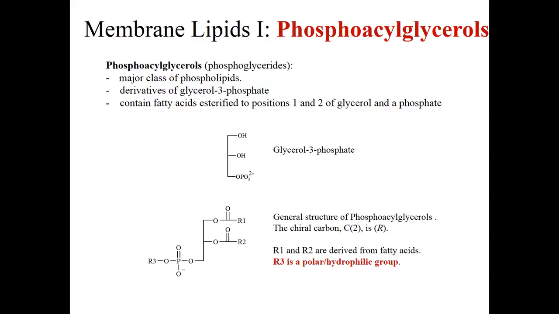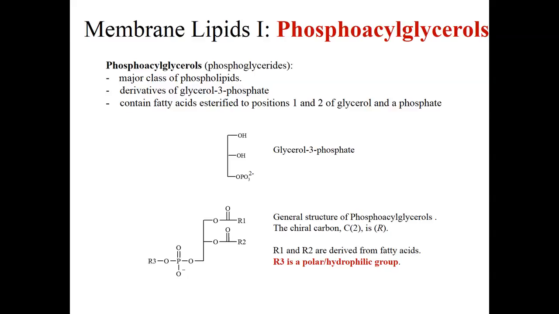Is that clear? So this portion is going to be within the membrane, and this other portion is going to be facing outward, outside of the cell or inside of the cell, to form the bilayer. Now the backbone is the glycerol phosphate.